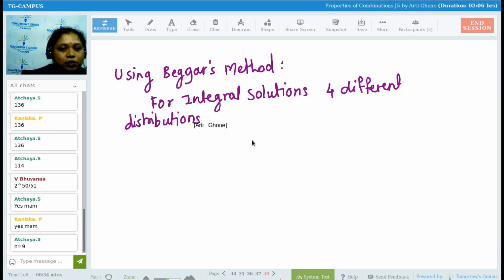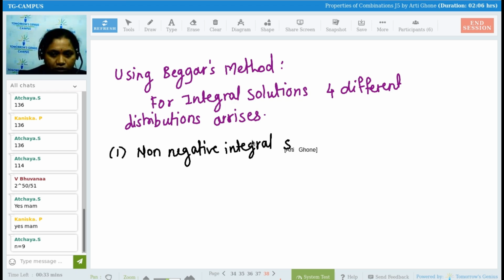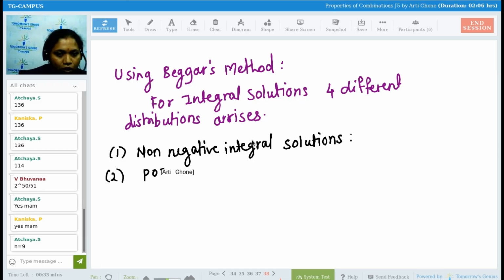These are common distributions I am giving. First one, non-negative integral solutions. For this, the formula is different. Second one, positive integral solutions.